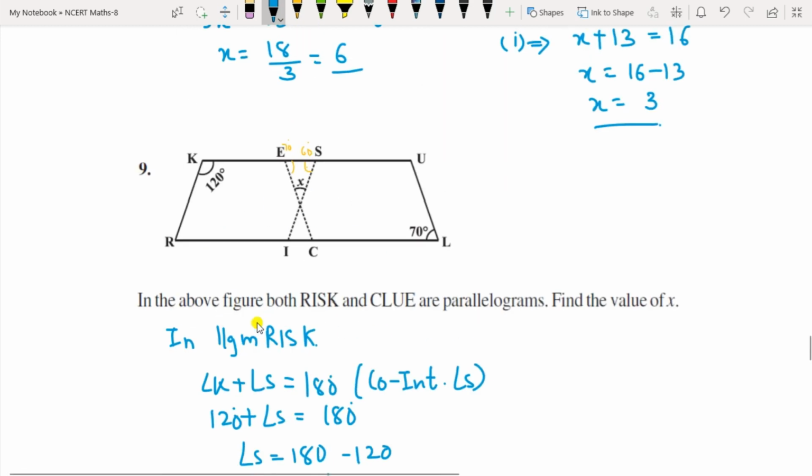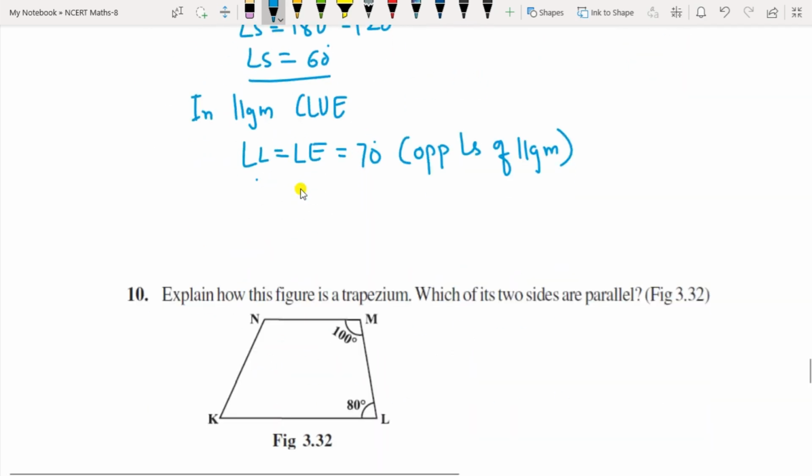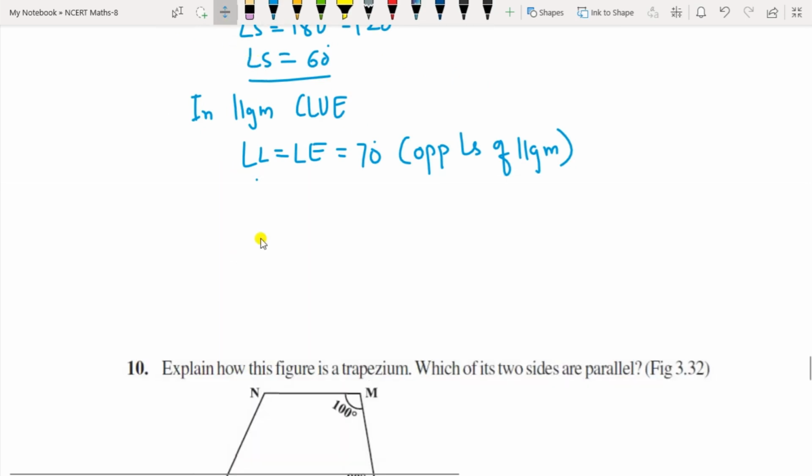Now consider this triangle having x here. So E plus S plus x equal to 180, three angles are there in this triangle. So add these two and subtract from 180, you get the answer of x. Therefore, this becomes 70 plus 60 plus x equal to 180.